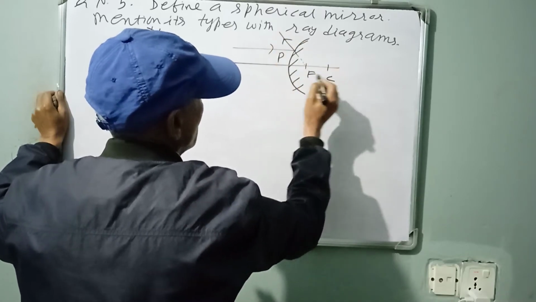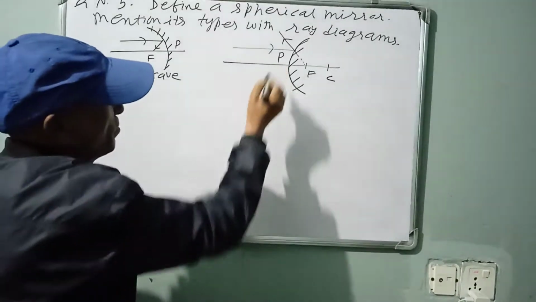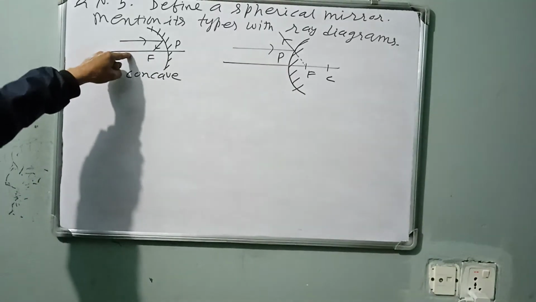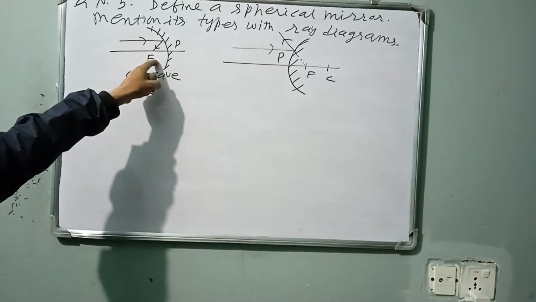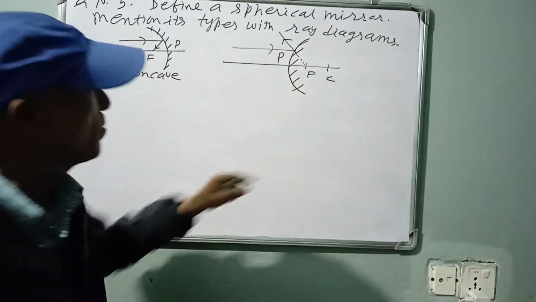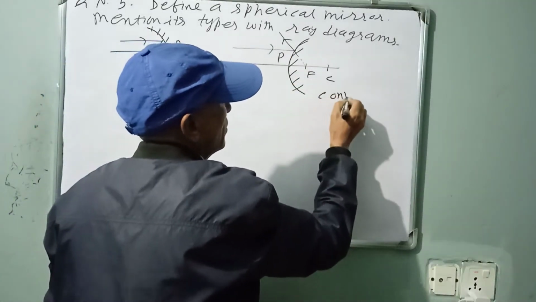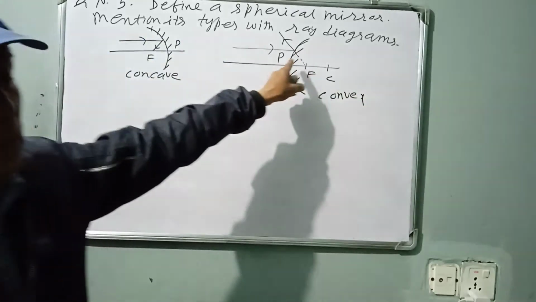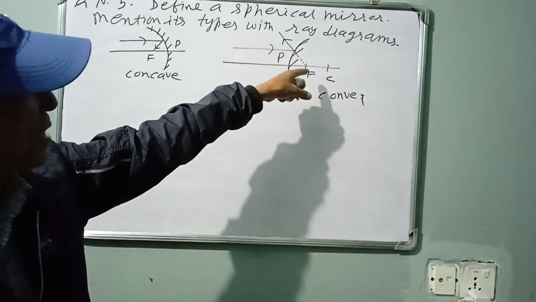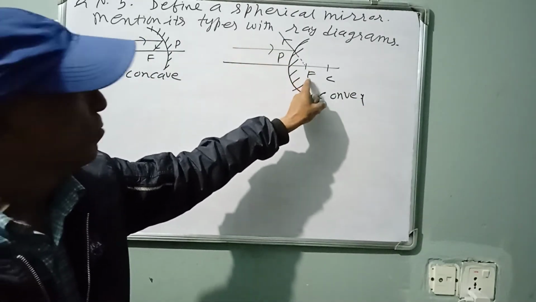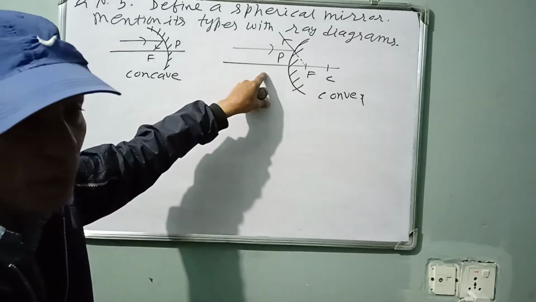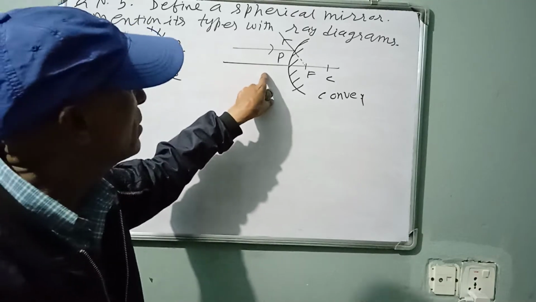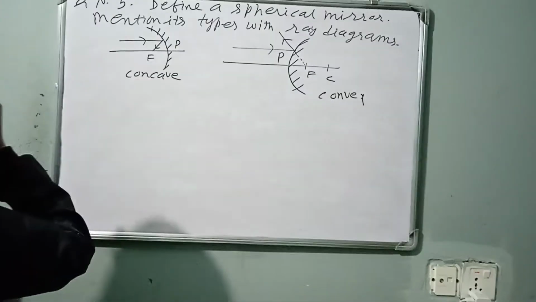Focus. Pole P. Here, pole is outside, reflecting surface inside, real focus. Convex mirror, it is polished inside, reflecting surface outside, its focus is virtual, and it always forms virtual, erect, and diminished images.